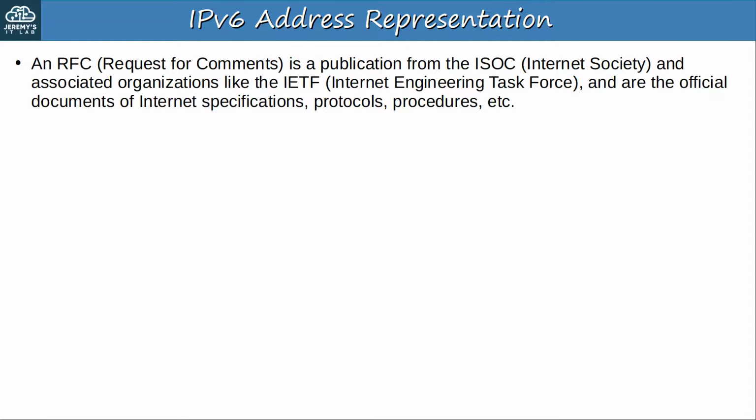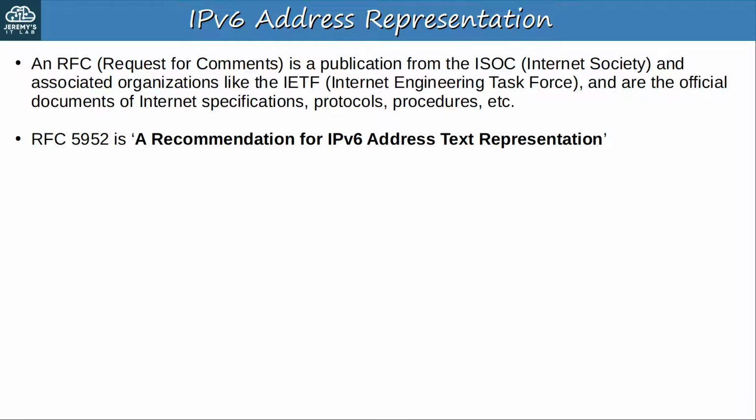And these RFCs are the official documents of Internet specifications, protocols, procedures, etc. So if you really want to go in-depth about OSPF, for example, and learn all you can about it, there are tons of RFCs that document OSPF, how it works, etc. RFC 5952 is titled A Recommendation for IPv6 Address Text Representation.